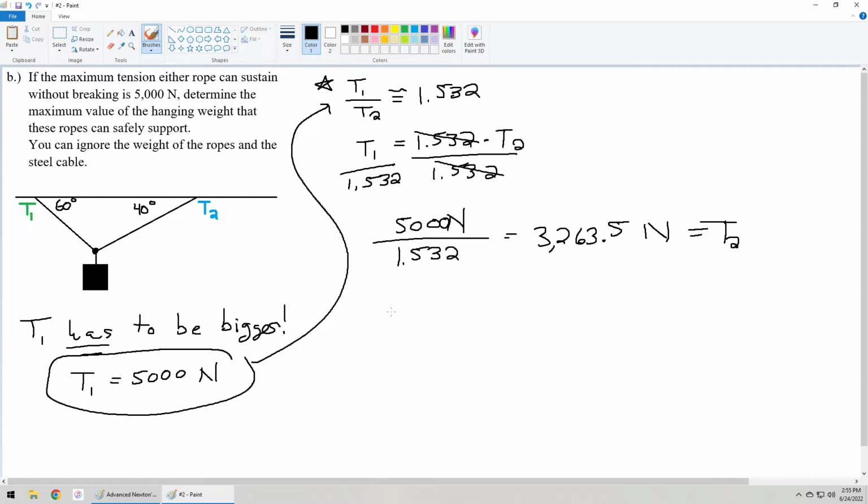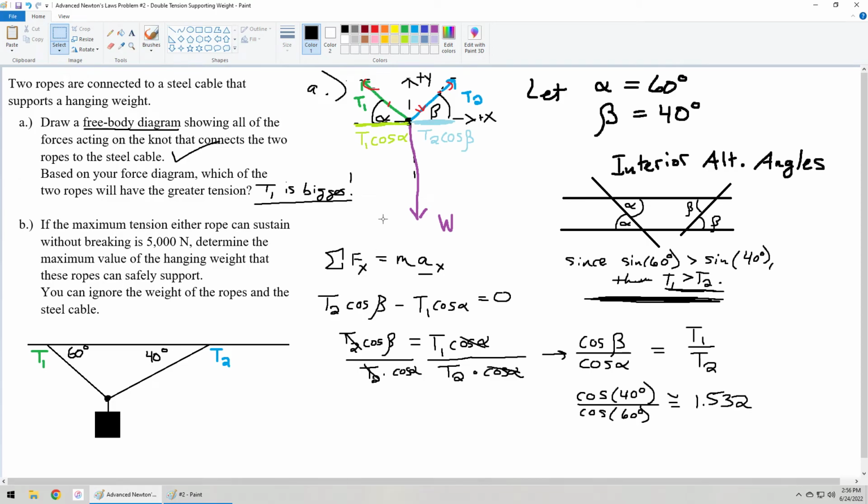What we can do is take the sum of forces in the y direction. Again, we know that the net acceleration is going to be 0 on the knot in the y direction because it's just sitting there. The sum of F in y is equal to 0. What are the forces? If we go back to our free body diagram, the up-down for T1 would be T1 sine alpha.